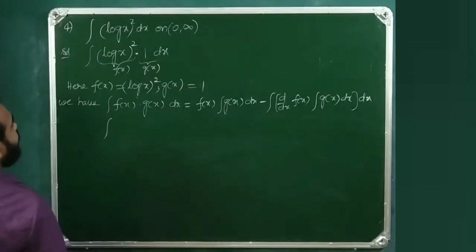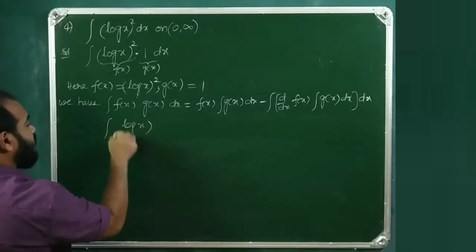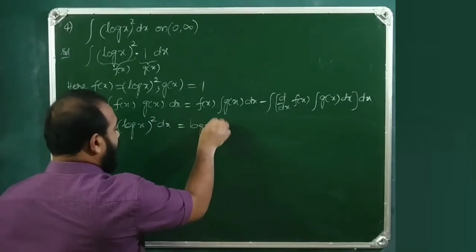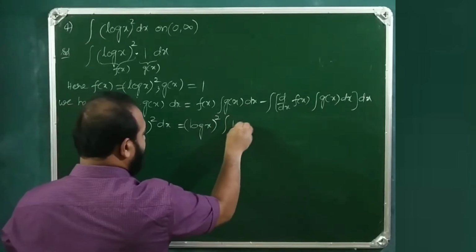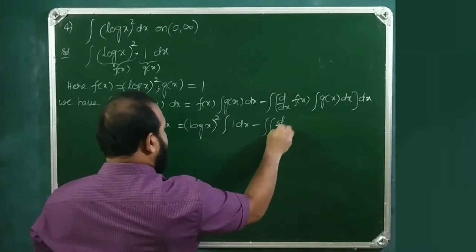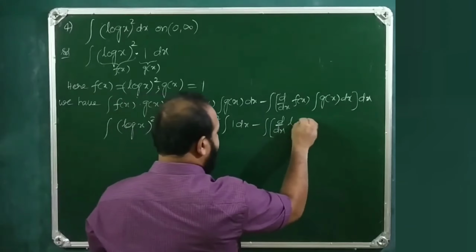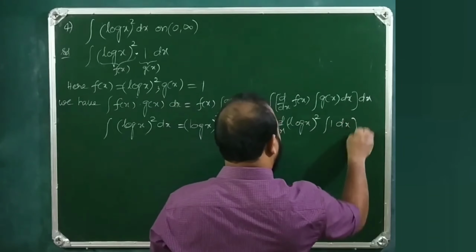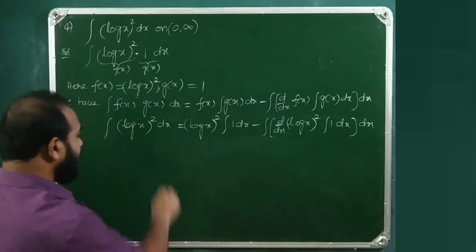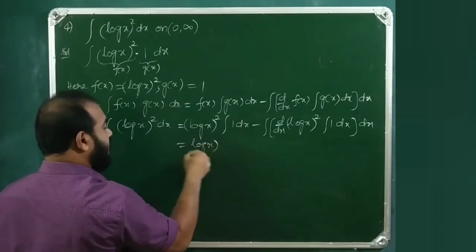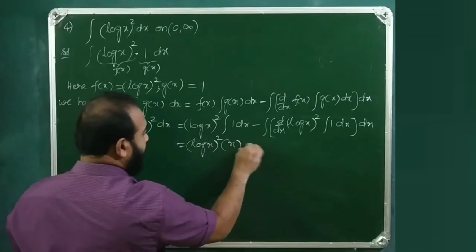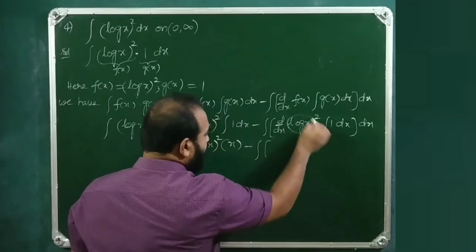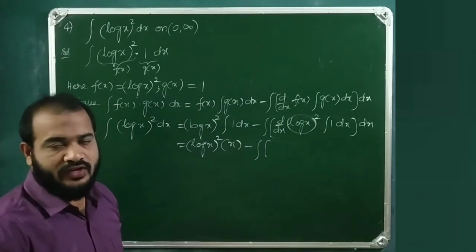So this is equals to log x whole square dx is equals to f of x, log x whole square, into g of x, 1 dx, minus integral of d by dx of log x whole square into integral g of x, 1 dx, whole dx. Log x whole square, integral 1 dx is x, minus d by dx of log x whole square. That we don't know. But if you treat this to be x, then we know d by dx of x square is 2x.